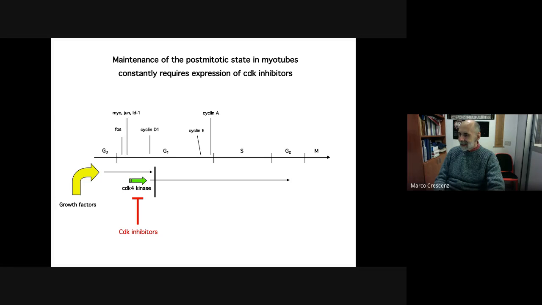But those complexes are already present in the myotubes. So all we were doing by suppressing P21 was allowing already pre-existing cyclin D3 CDK4 complexes to activate and drive the cell cycle.